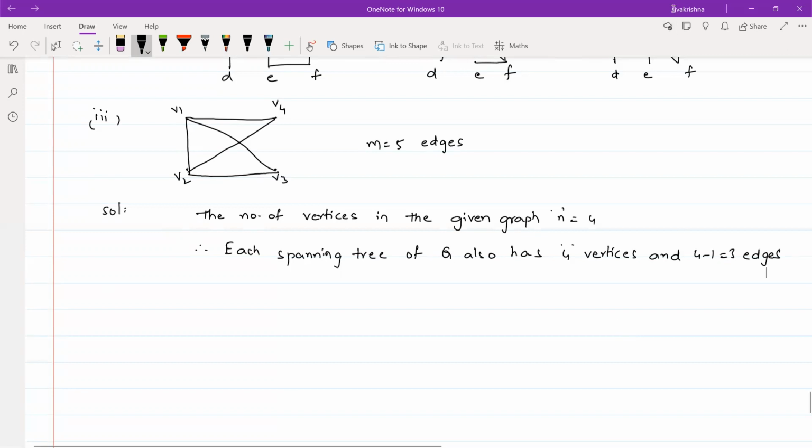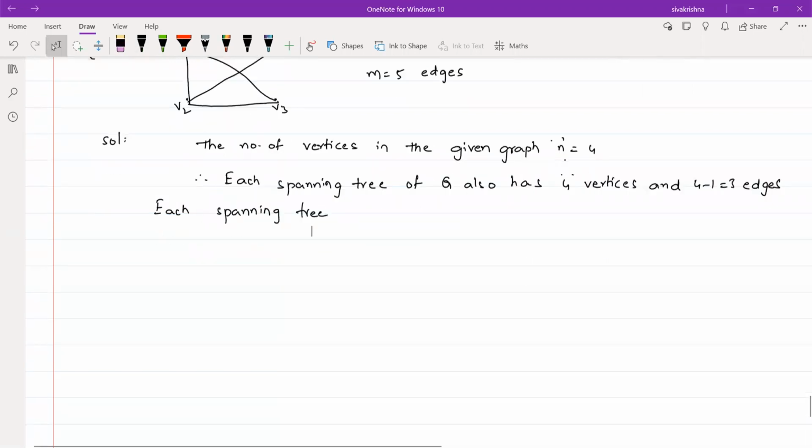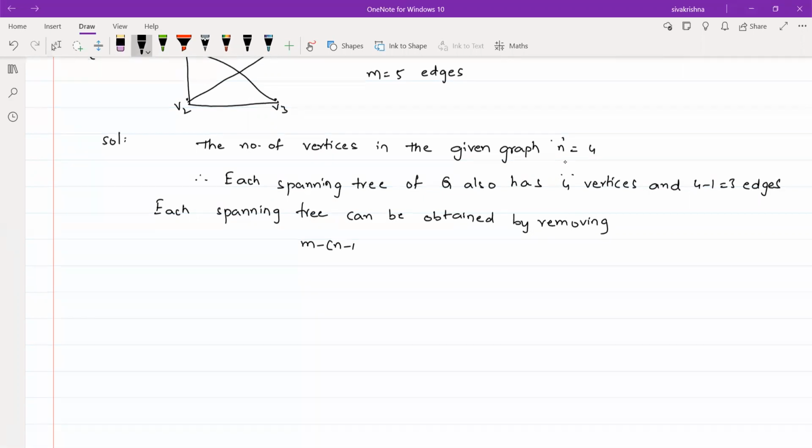Also, each spanning tree can be obtained by removing m minus (n minus 1) edges.